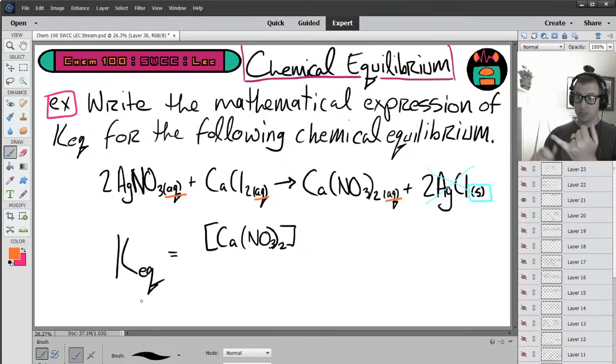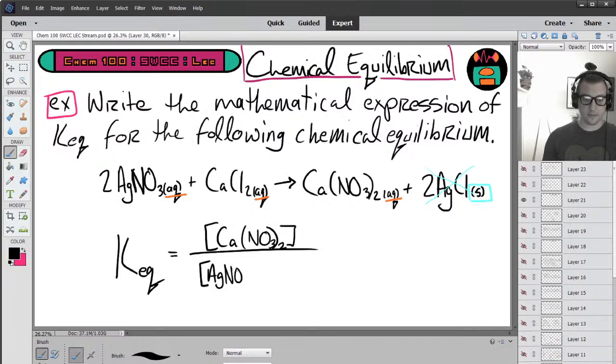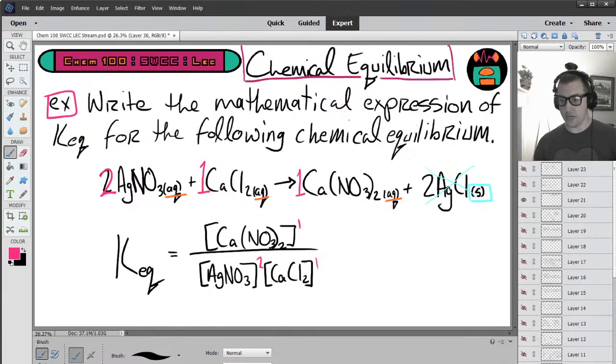We do not include solids or liquids in the equilibrium constant. So in our numerator, we only have calcium nitrate. In our denominator, we have both silver nitrate and calcium chloride. Now for our exponents, calcium nitrate has a stoichiometric coefficient of 1, calcium chloride has a stoichiometric coefficient of 1, and silver nitrate has a stoichiometric coefficient of 2, so we're going to square silver nitrate.